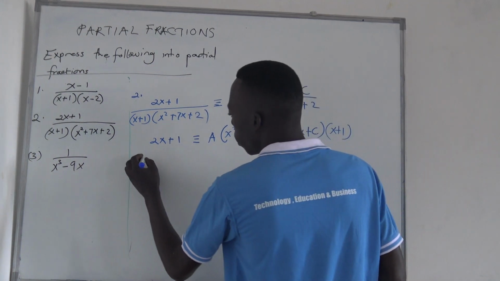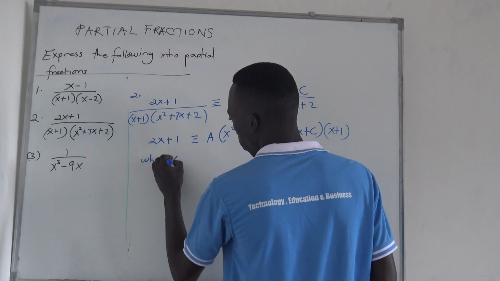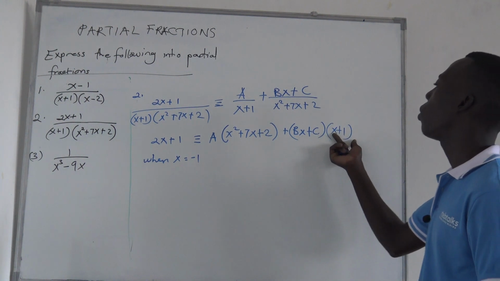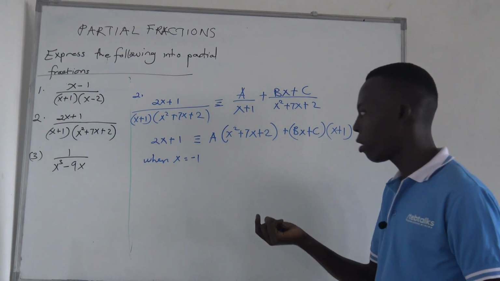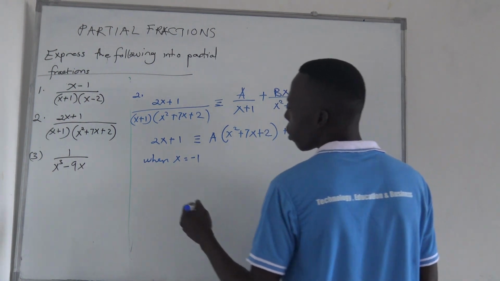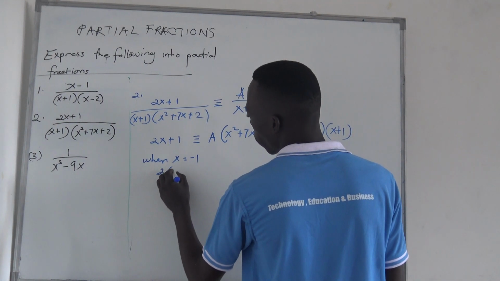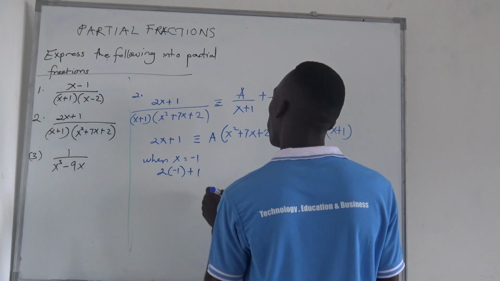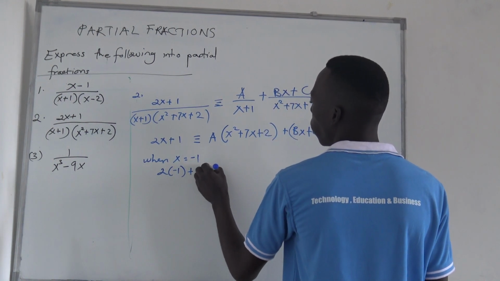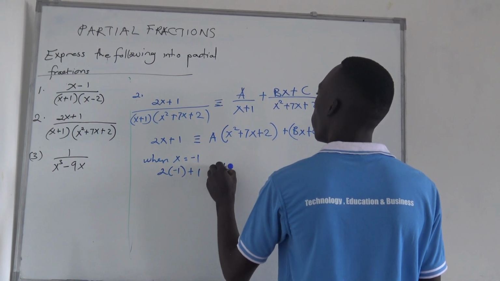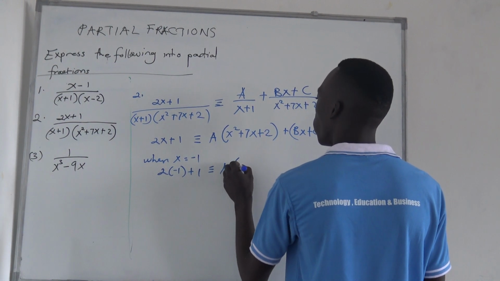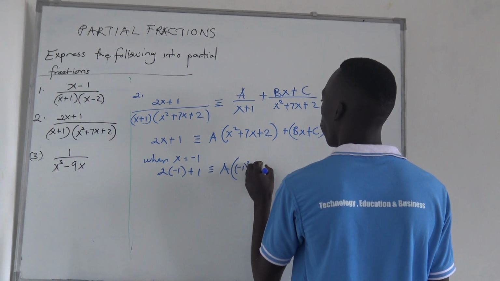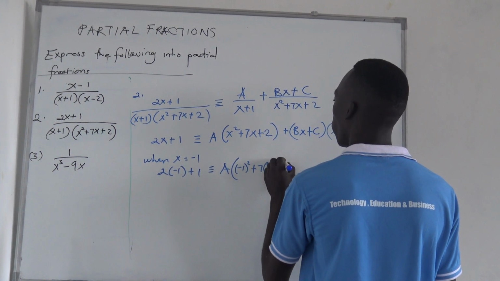So we say when x equals -1, when I put here -1, this one is 0. 0 times any value is 0. So you remember it's only this one, so it becomes 2 into -1 plus 1, which is equivalent to a into -1 squared plus 7 into -1 plus 2.